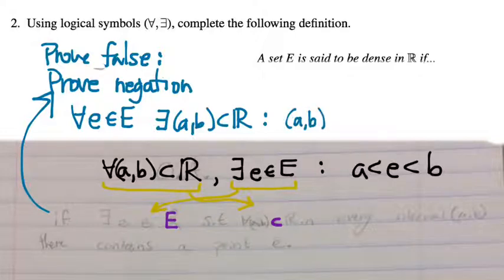We would negate that conclusion. AB doesn't contain E. Right?